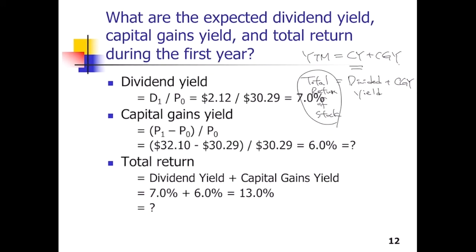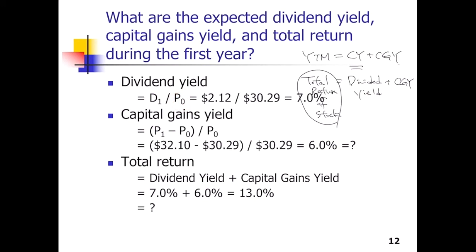One different thing is in the bond part, the current yield is annual coupon payment over current price, right? But in this case, not a coupon payment, we have dividend, right? So dividend yield can be calculated by D1 over current price, right?